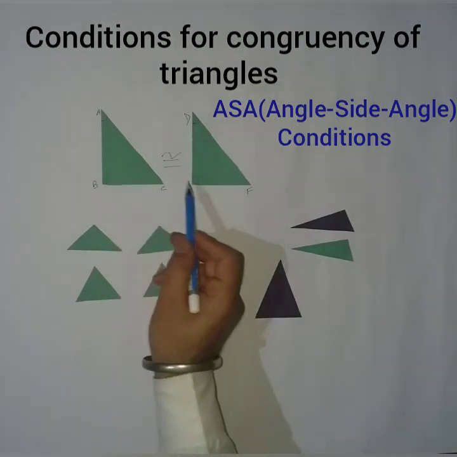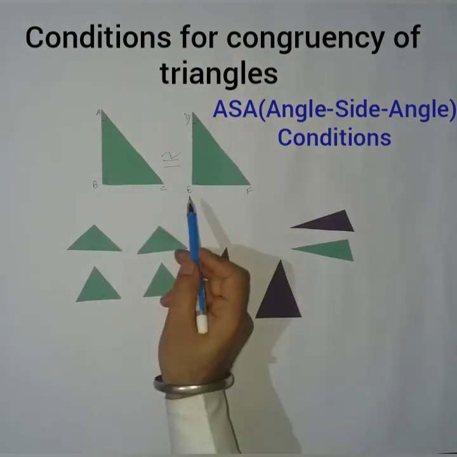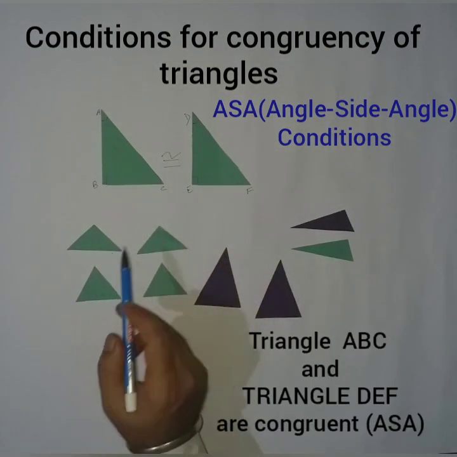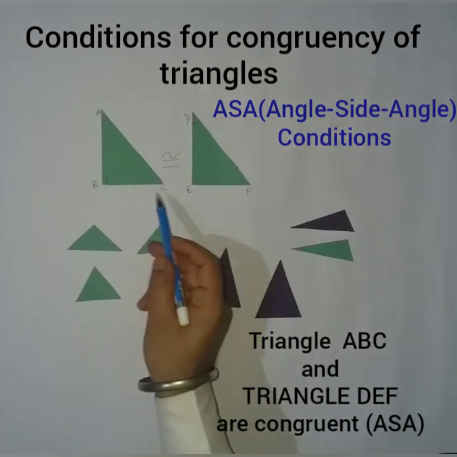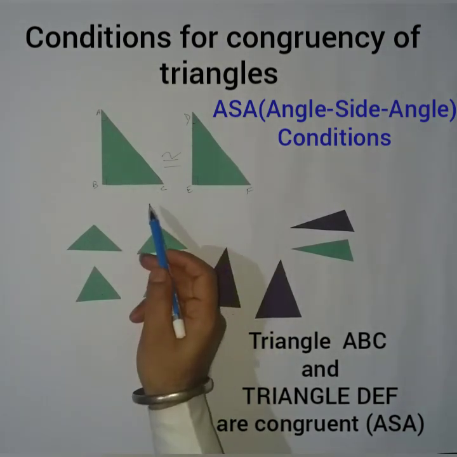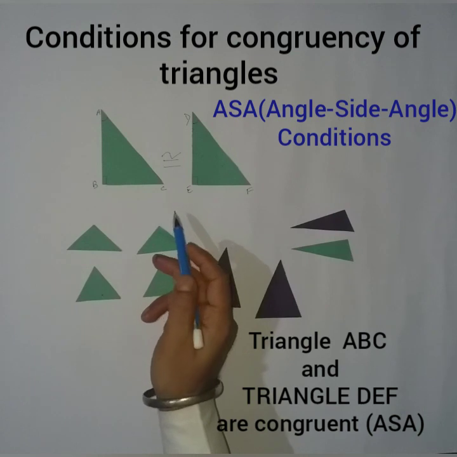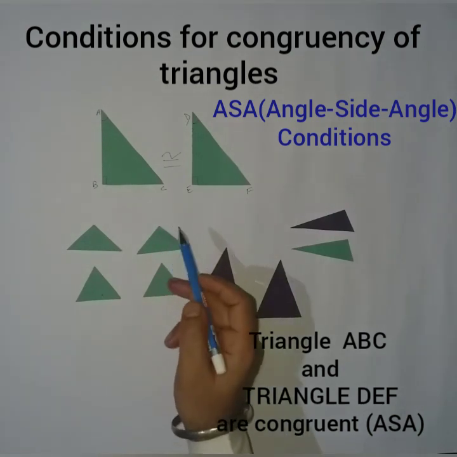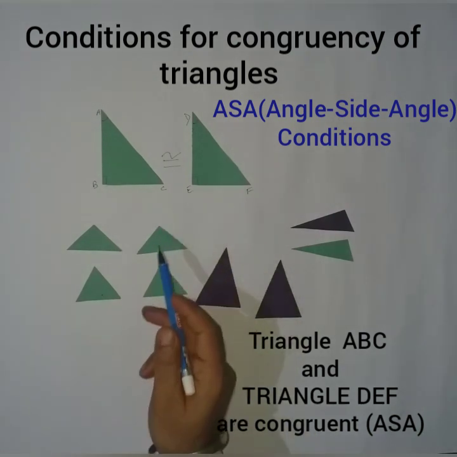If we find them equal, then these two triangles are congruent to each other according to the ASA rule. In this manner we can show the triangles are congruent.